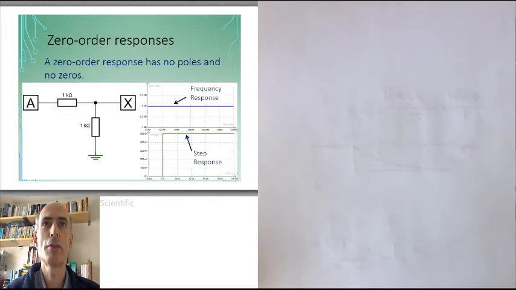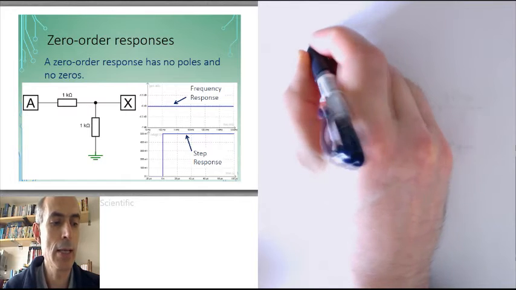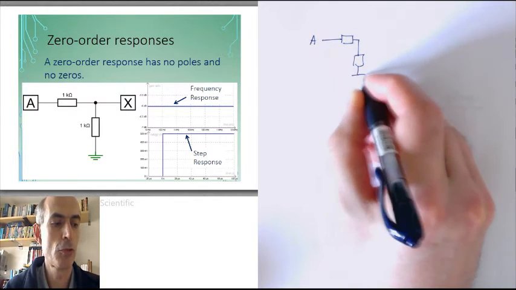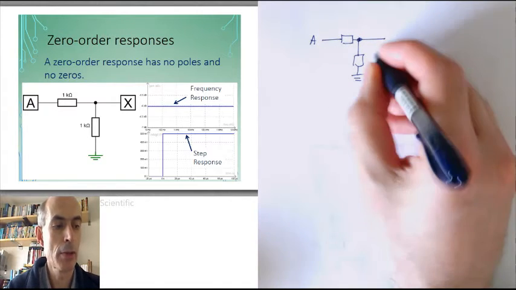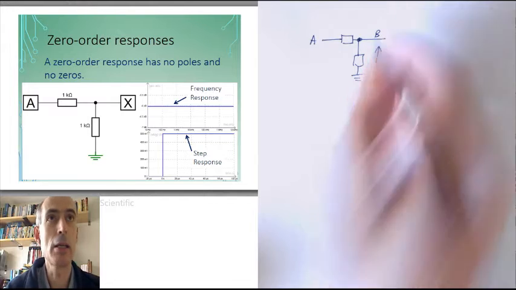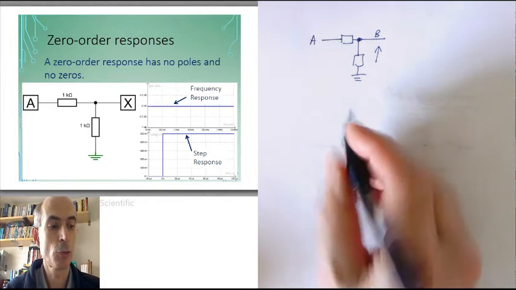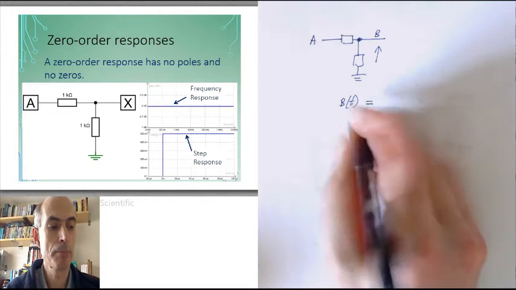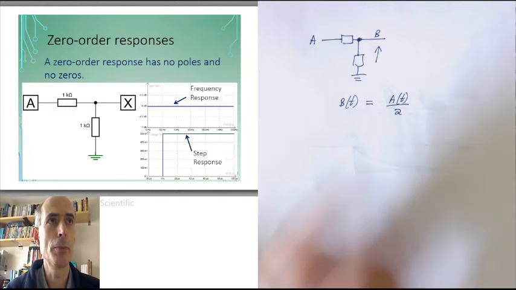The example in the slide here has an input here at A, feeding into a potential divider in which both resistors are equal. And if both resistors are equal, then the output voltage here at B will just be half of the voltage at A. So I could write that at all times the voltage at B is equal to the voltage at A divided by 2.